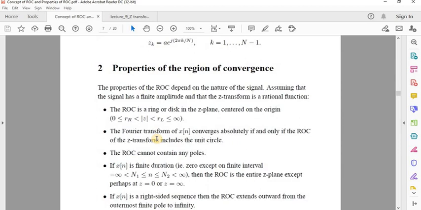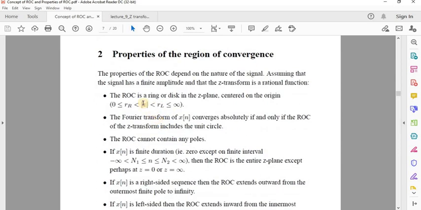So now, properties of region of convergence. These properties depend upon the nature of the signal: exponential nature, right-handed sequence, left-handed sequence, finite sequence, weighted sequence.